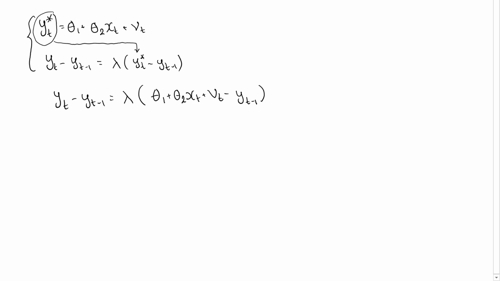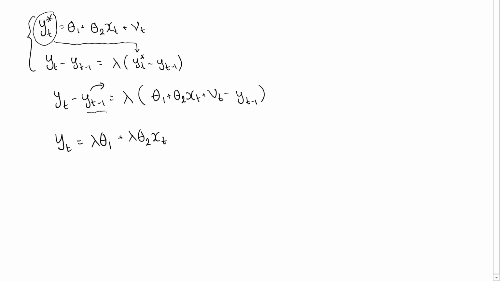Now if I expand this parenthesis and move this one to the right hand side, I have yt is equal to lambda theta 1, that's the intercept, plus lambda theta 2 xt.